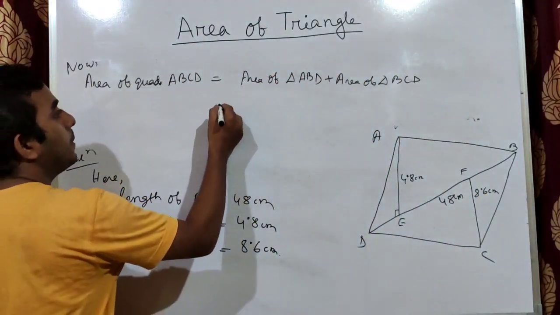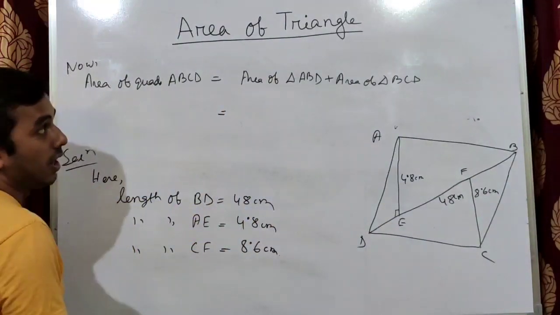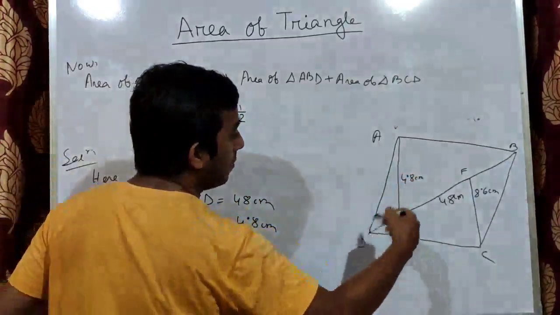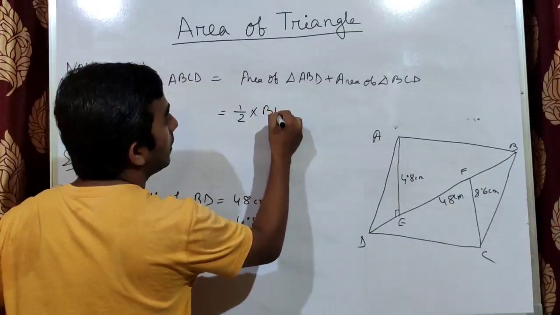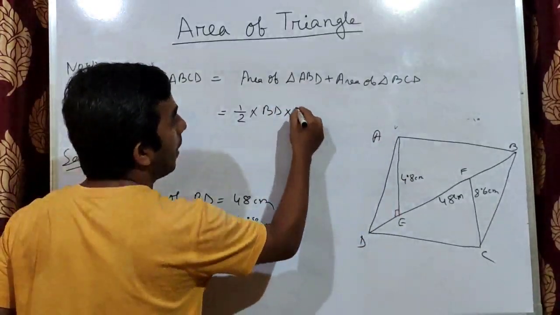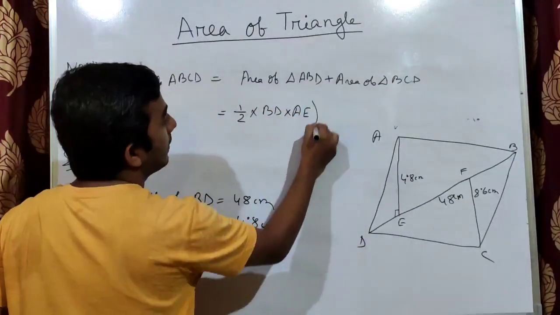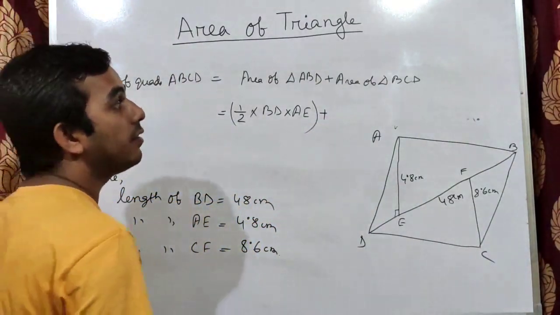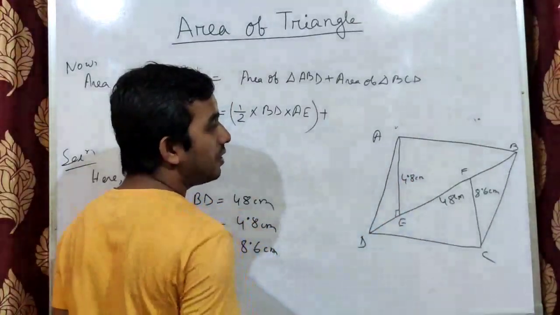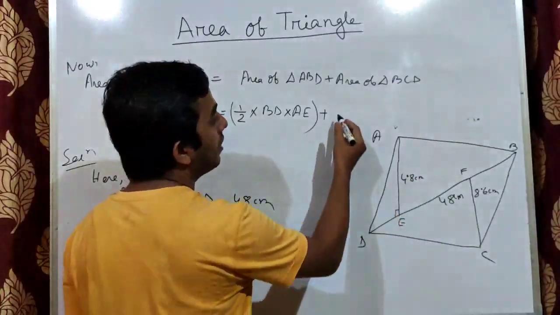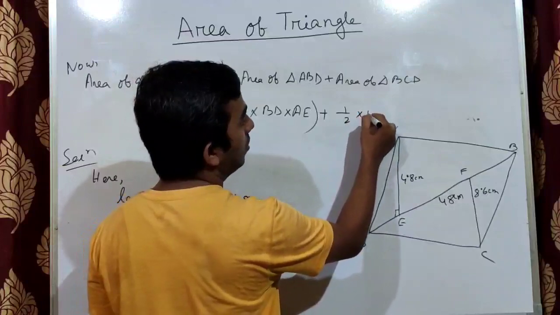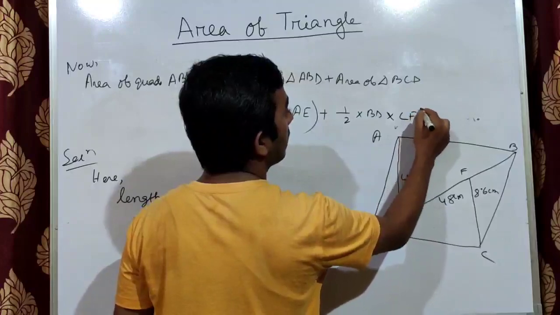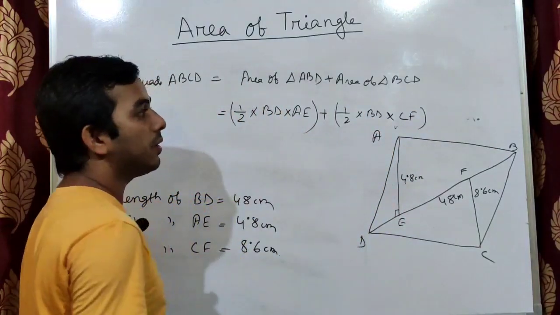Okay. So the area of triangle ABD is half into base, here base is BD, into altitude AE. Clear? This is one. And then area of triangle BCD: here also the base is BD, so we will write half into BD into altitude CF. Clear? Okay.